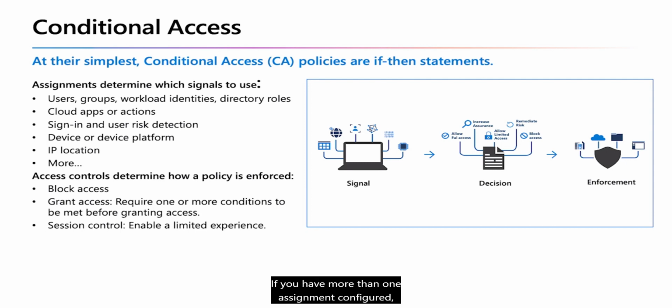If you have more than one assignment configured, all assignments must be satisfied to trigger a policy. You can look at some of the assignments in the slides if you want to. When the conditional access policy has been applied, an informed decision is reached on whether to block access, grant access, grant access with extra verification, or apply a session control to enable a limited experience.